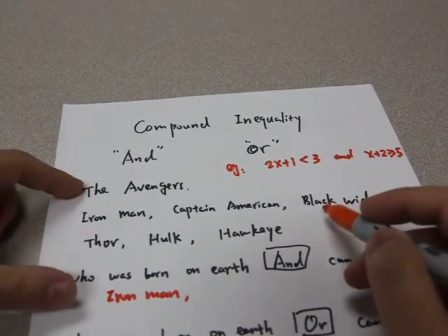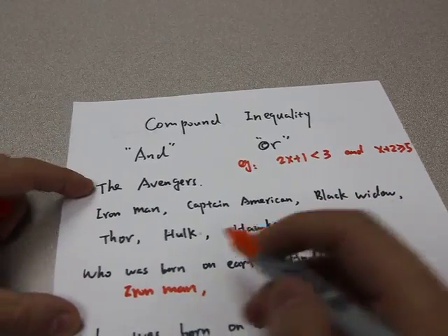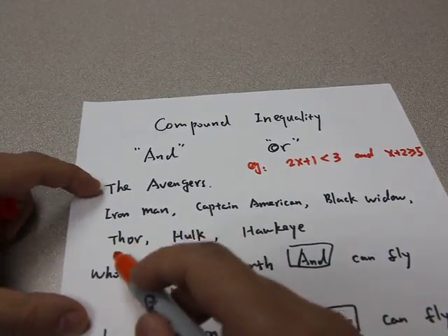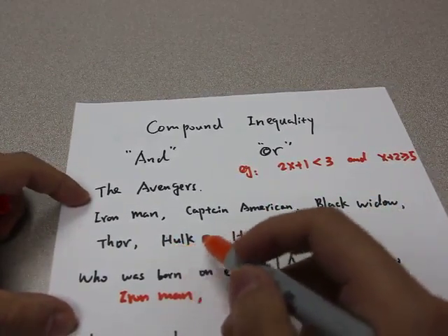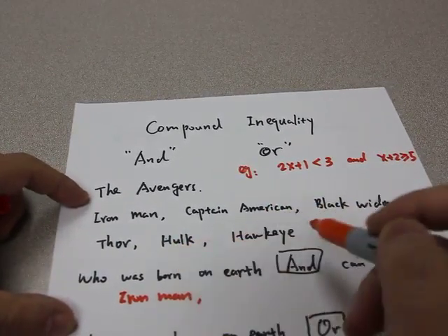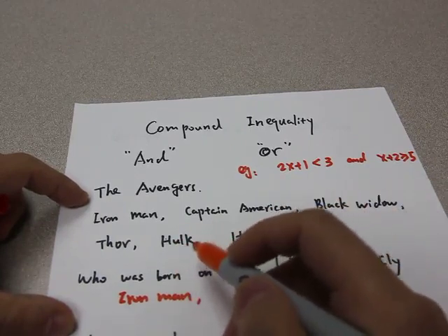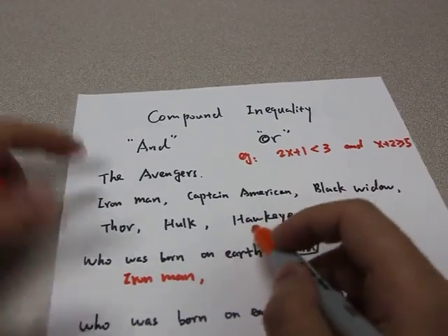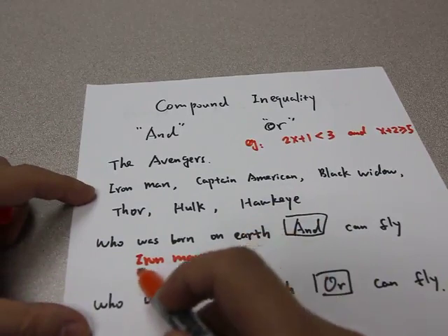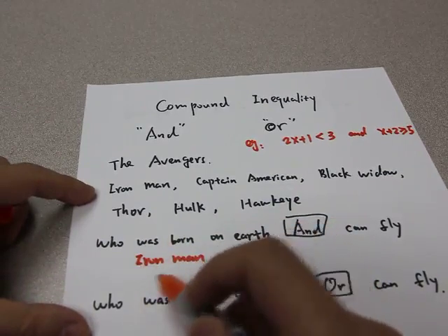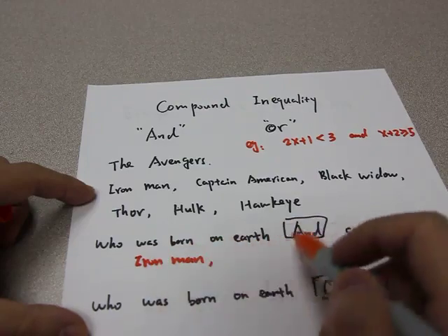Same as Black Widow: she was born on Earth, but she cannot fly. Thor can fly, however, he was not born on Earth. Hulk was born on Earth, but he doesn't know how to fly. Well, he can jump very high, but he cannot fly. And Hawkeye doesn't fly. So there is only one member from the Avengers who satisfies these two conditions.